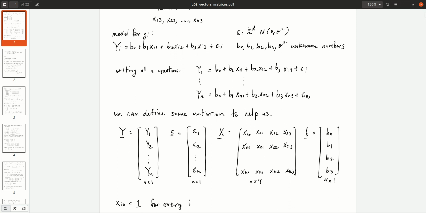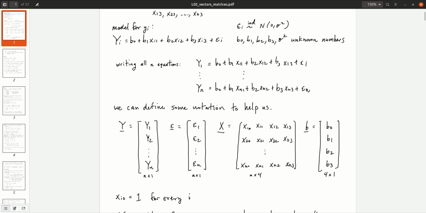succinctly. So if we take the responses, the model for the responses y1 to yn, and stack them up like this, and call this y with an underline, and then do the same thing for the epsilons, and then take all of those covariates and put them in this rectangular array that we call a matrix, and then also add another column of ones here, and then put the regression coefficients B0 up to B3, stack them in a column here.